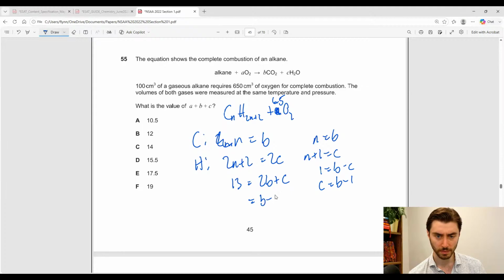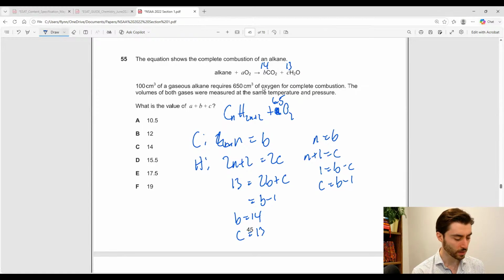And B is equal to 14, and C is equal to 13. So 14, 13, and 6. No, that's off. Next. Got it wrong.